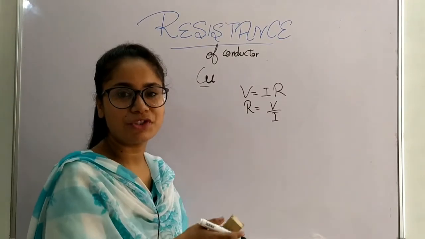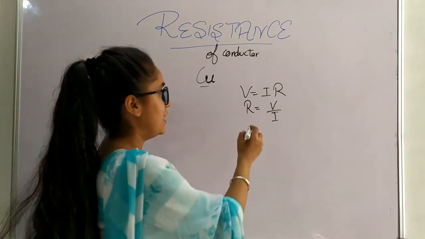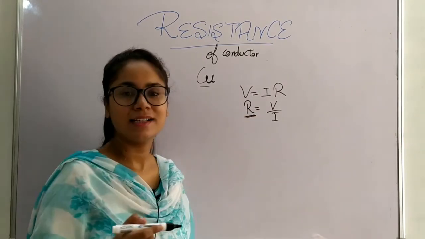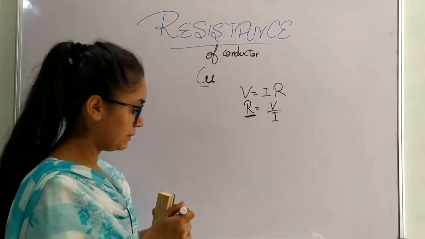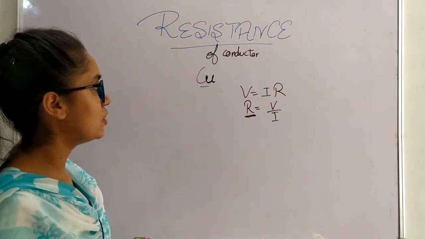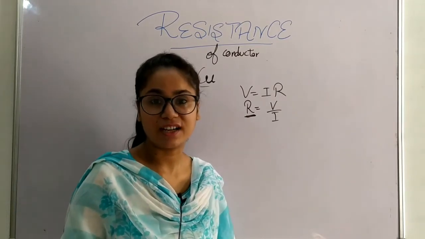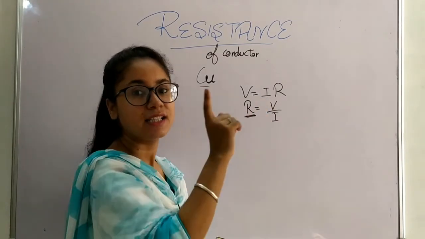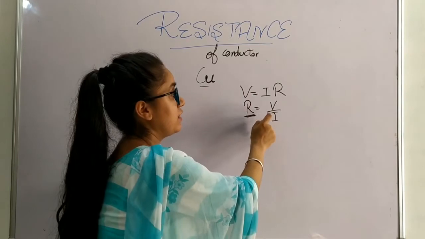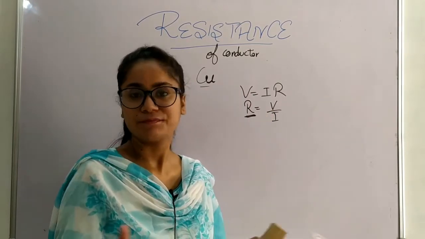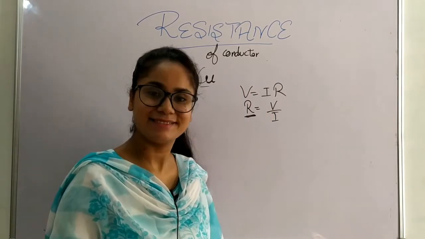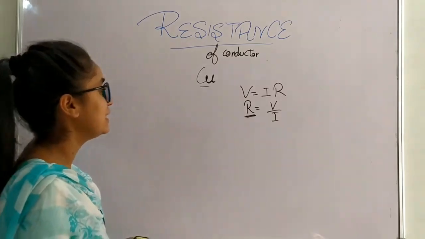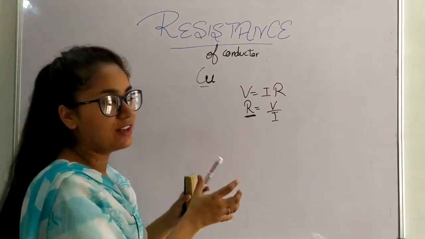The constant of proportionality in Ohm's law was resistance. So if we have to define it mathematically, resistance of a conductor is defined as the ratio of the potential difference across its ends to the strength of electric current that flows through it. This is how we define resistance.